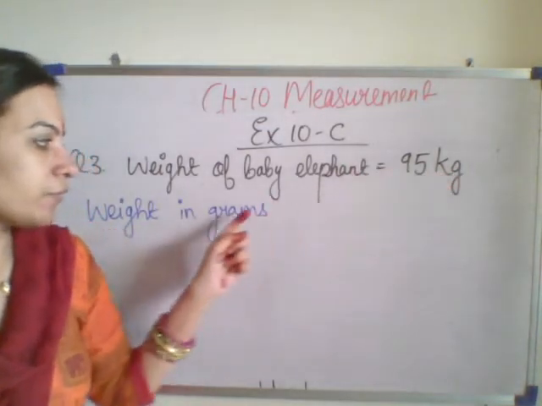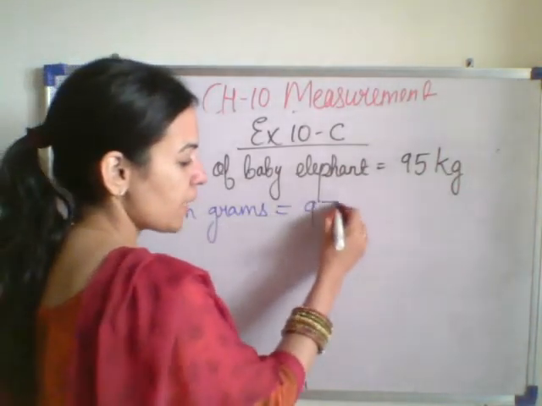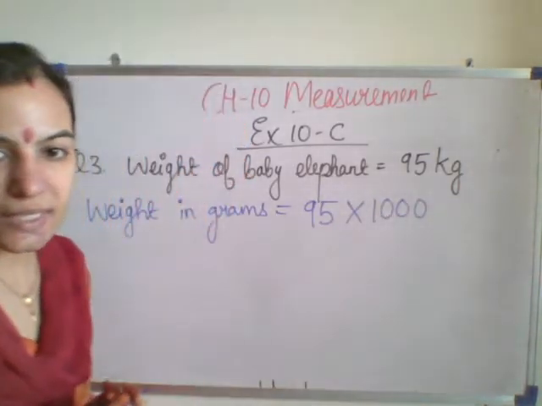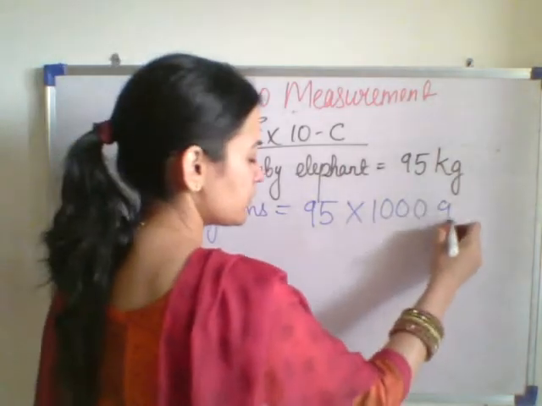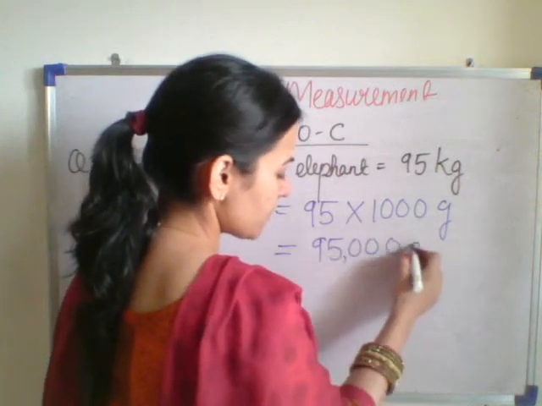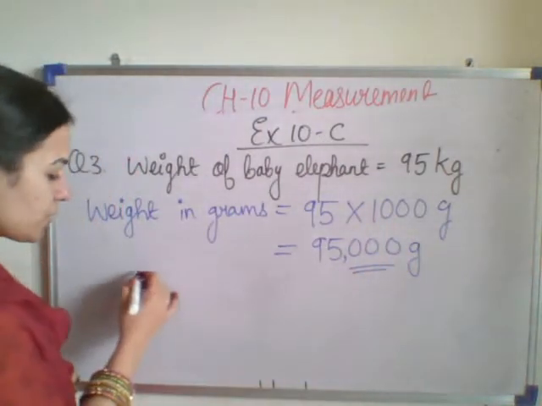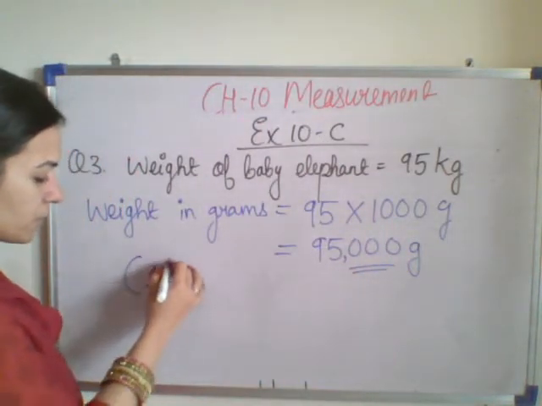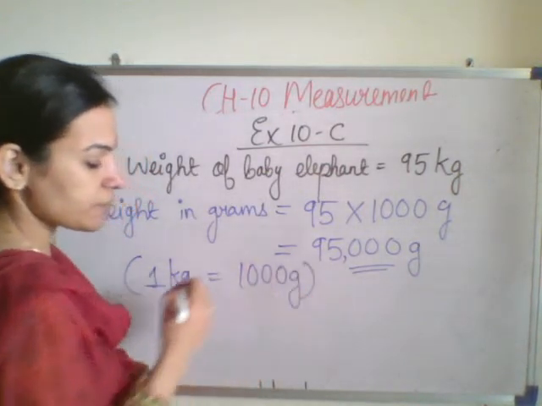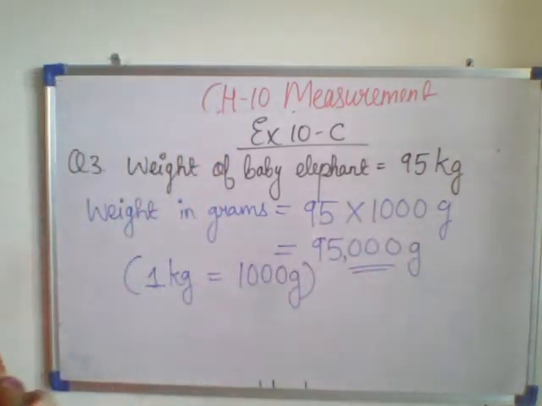Kg, we are converting into gram. So we will be multiplying 95 by 1000 because 1 kg has 1000 grams. So it would be 95,000 gram. Why have I multiplied it by 1000? Because 1 kg is equal to 1000 grams. That's why I have multiplied 95 by 1000.